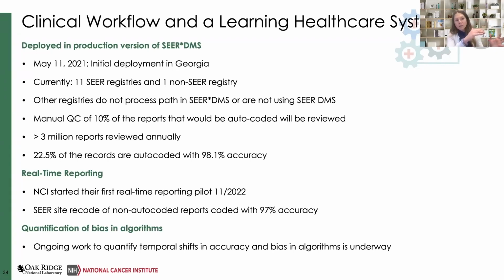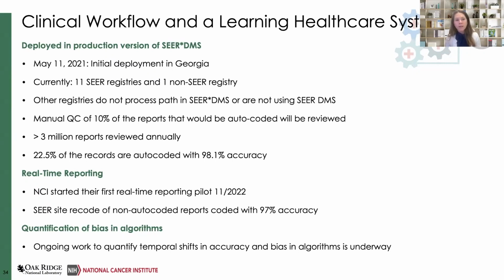When we're not trying to predict at the specificity needed for cancer collection, we are able to auto-code a large percentage of the reports with 97% accuracy. I don't know the exact number on that, but it is a very high percentage, upwards of 70%, I believe.